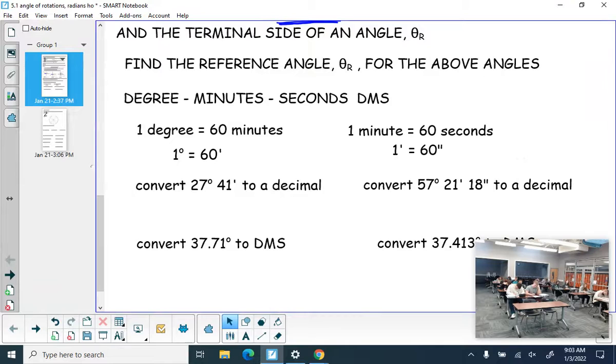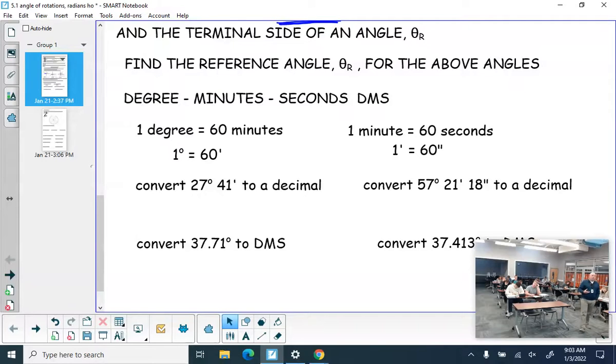And 1 minute can be broken down into 60 seconds. And with the seconds you have a double slash up there. When we talk about minutes and seconds, they are parts of a degree.